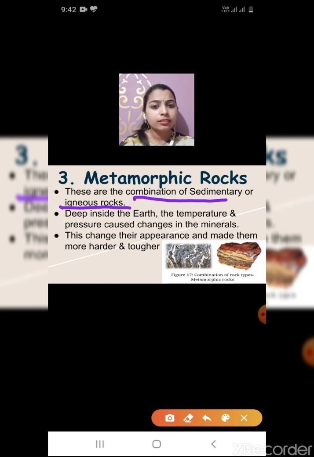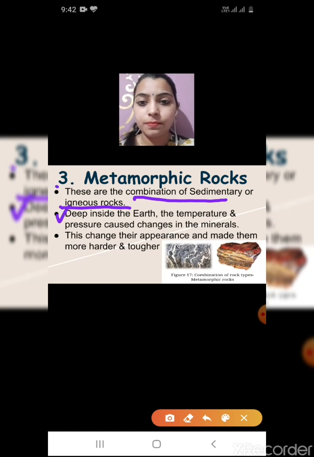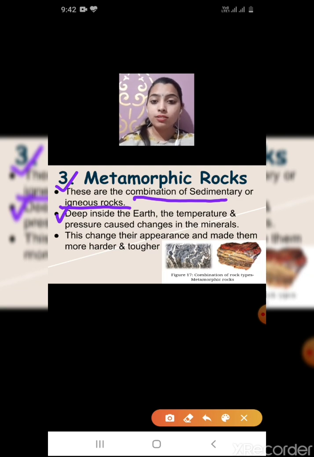Deep inside the earth, the temperature and pressure cause changes in the minerals. You all know how rocks are formed? It depends sometimes on the magma or sometimes on the lava. So, how are metamorphic rocks formed? First of all, it is the combination of sedimentary and igneous rocks. Now, how does this change occur?